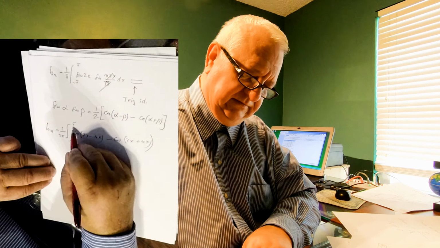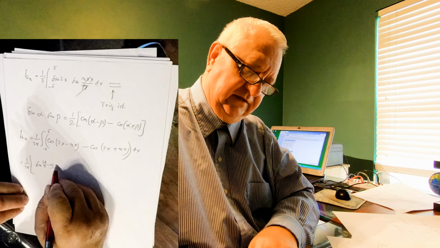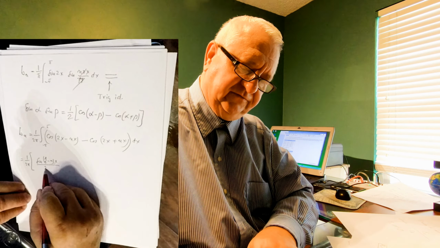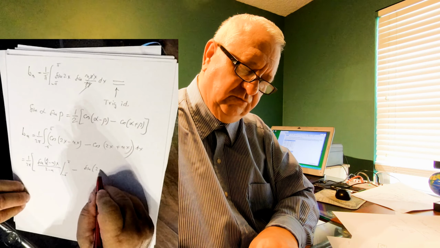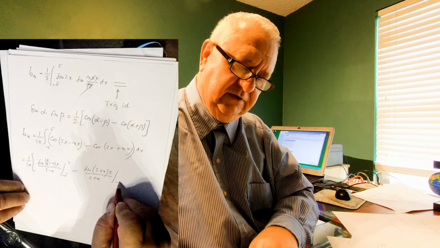Integrate. So we have 1 over 2 pi common factor, and then cosine integrated is sine, and I'm going to pull x as common factor, we learn this, so it's sine of (2 minus n)x over the coefficient of x, 2 minus n, between minus pi and pi, minus, again, sine, in this case (2 plus n) times x over 2 plus n between minus pi and pi.